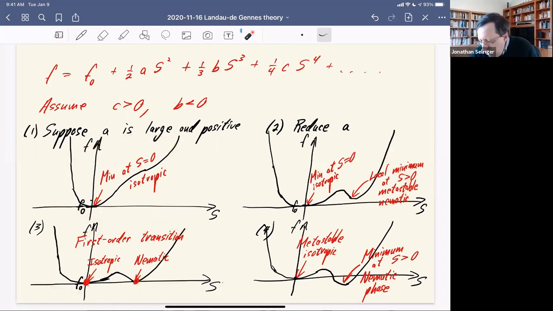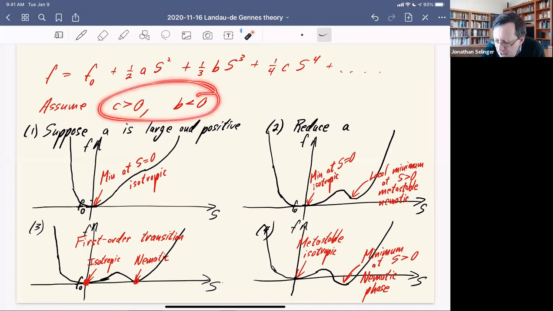And then at a lower temperature, the nematic goes lower than the isotropic. So this is the sequence of plots, assuming that C is positive, B is negative.